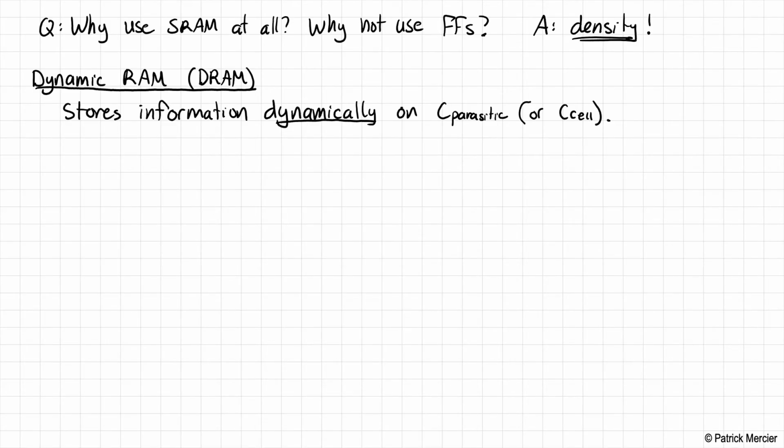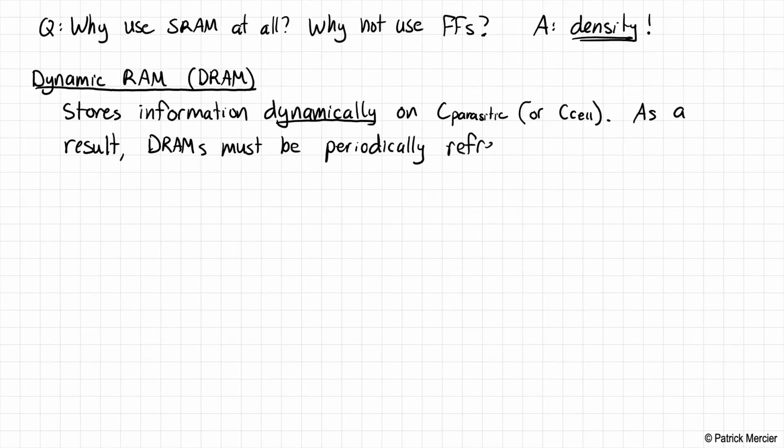Because of this, DRAMs must be periodically refreshed. So we have dynamic storage, and as a result, we have to periodically refresh our DRAMs. And that's a downside of their approach.